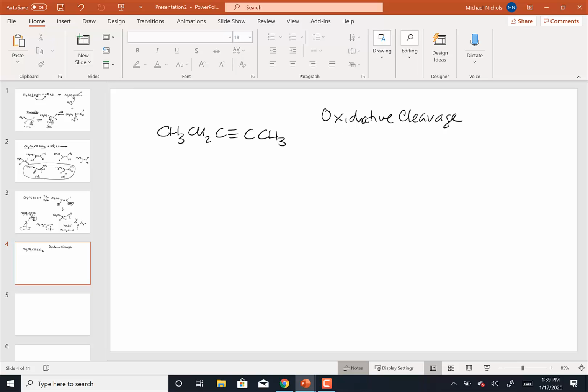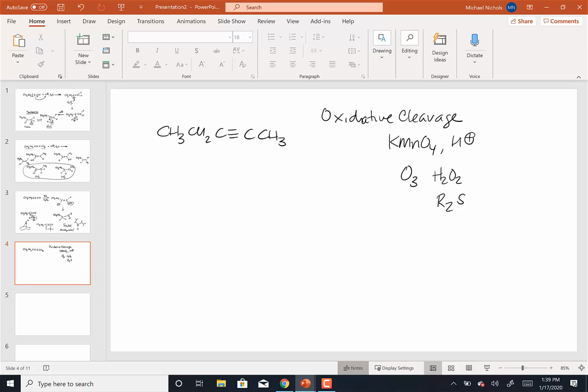What kinds of reagents did we use for oxidative cleavage? We used things like KMnO4 and acid. We used ozone with either H2O2 or R2S. Those were our examples of oxidative cleavage reagents.